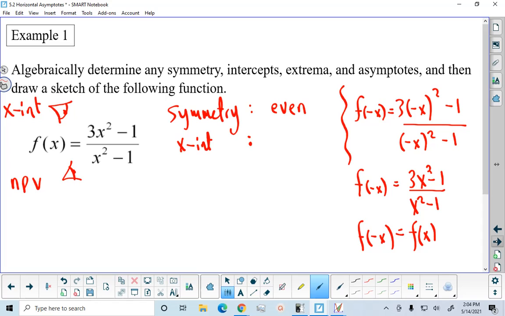Looking at the bottom, those are going to be asymptotes that are vertical or holes if any of the factors cancel. So when I look at the top, I'm going to have x-intercepts of positive 1 over root 3, comma 0, and negative 1 over root 3, comma 0.